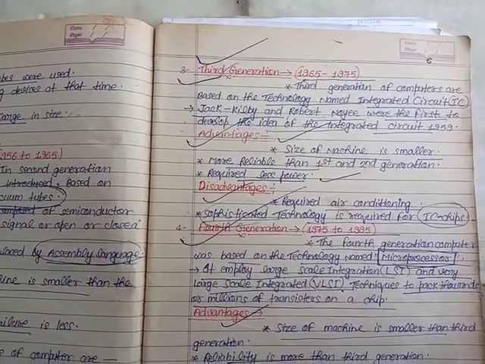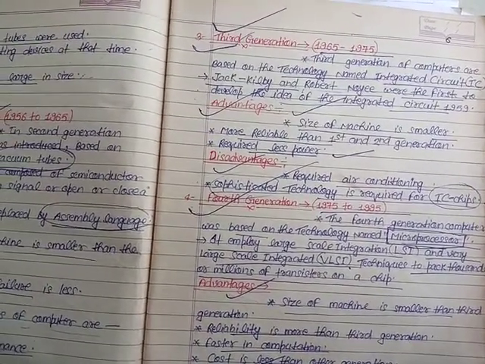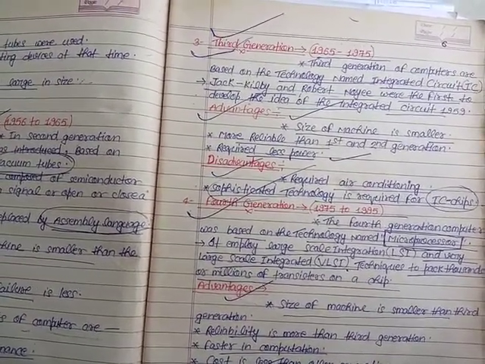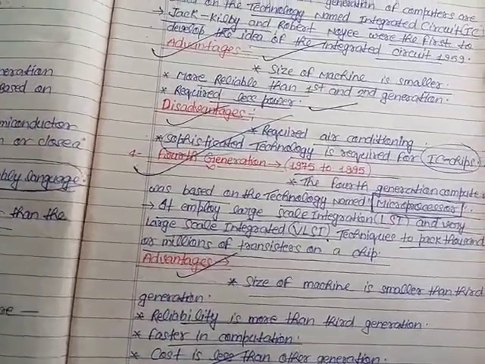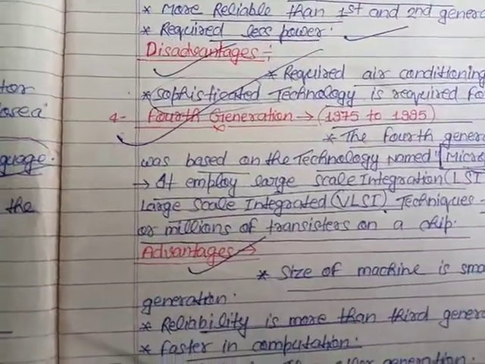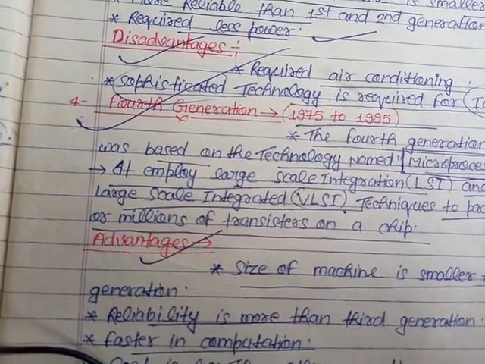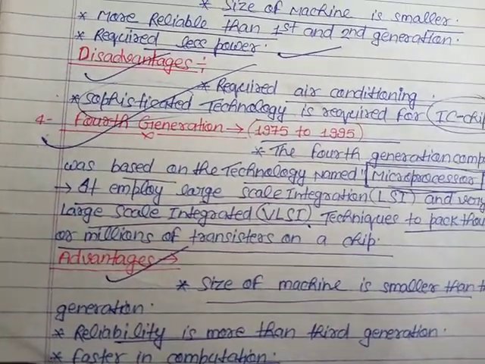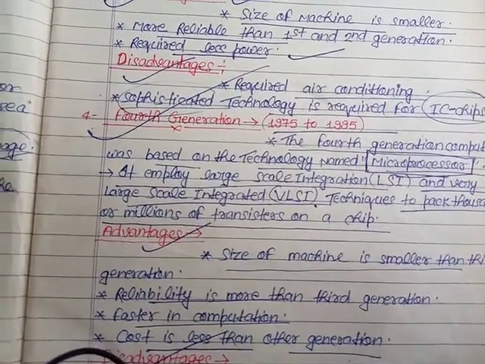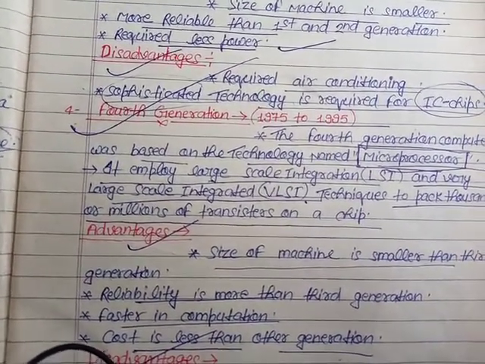Now we move on to fourth generation of computer. Fourth generation of computer starts from 1975 to 1995. The fourth generation of computer is based on a technology named microprocessor.